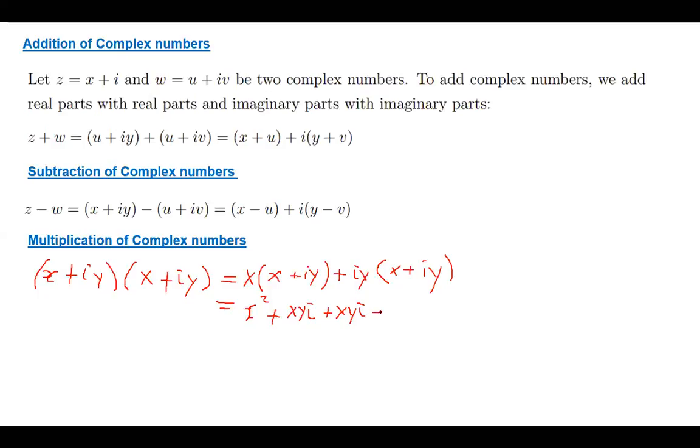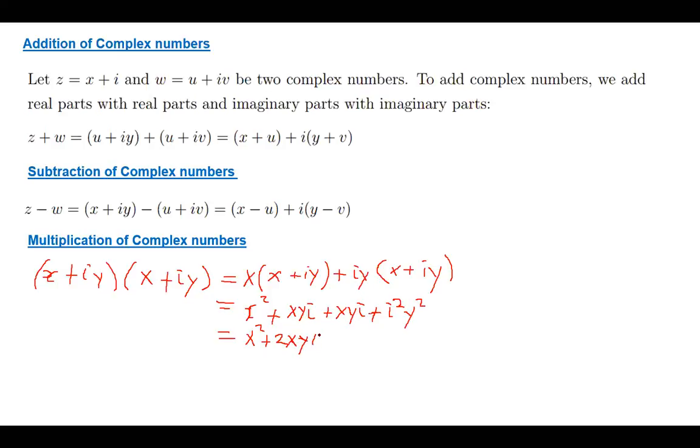Okay, let me just write it the way it's going to be. It's going to be i times i, there you get i squared, and then Y times Y, you get Y squared as well. So this is what you're going to have: X squared, and then XY plus XY there, you get your 2XY.